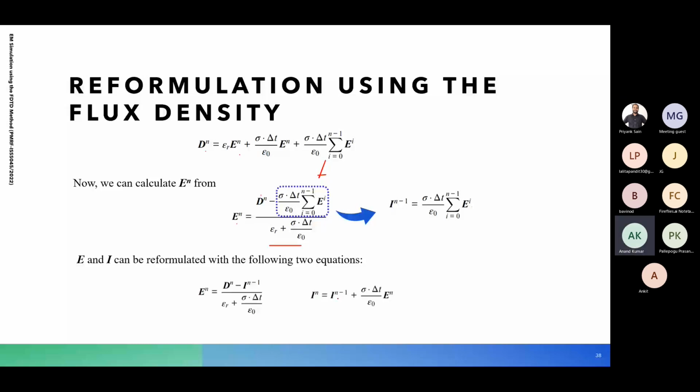What we have done is we have removed the dependence on the summation. So we have removed this summation and expressed it, after the change of variables, such that I will store all the summation values of the electric field, and the electric field can now be given in terms of the flux density, the summation term I, and these variables.